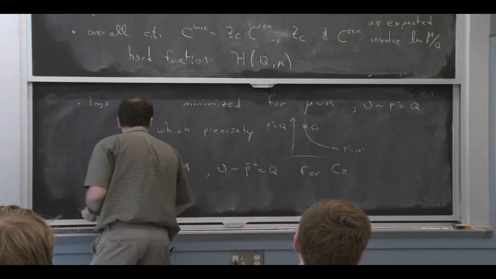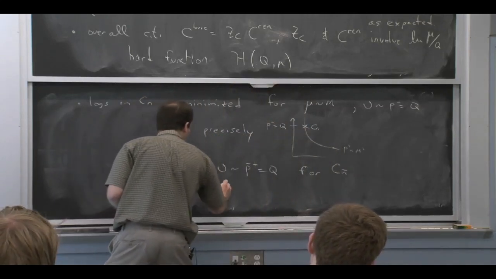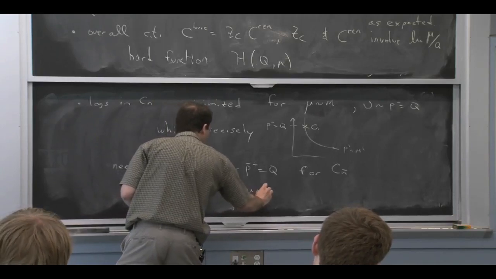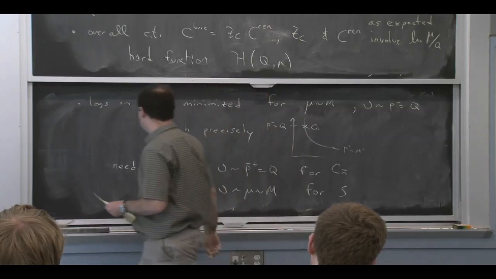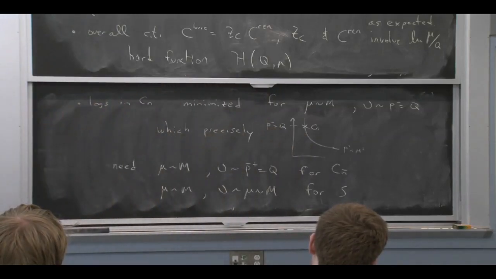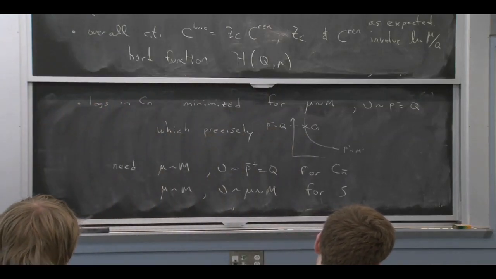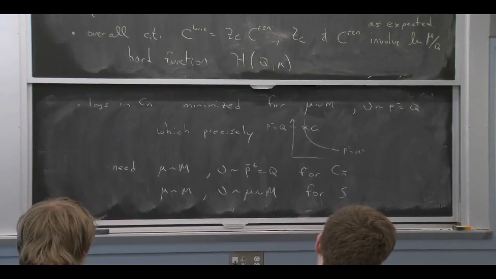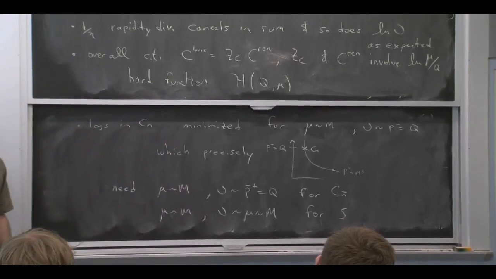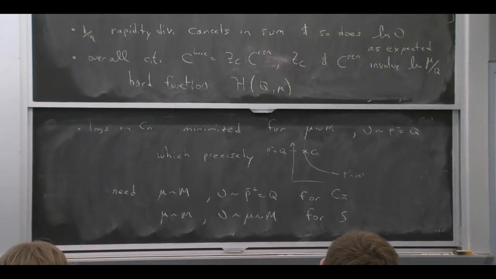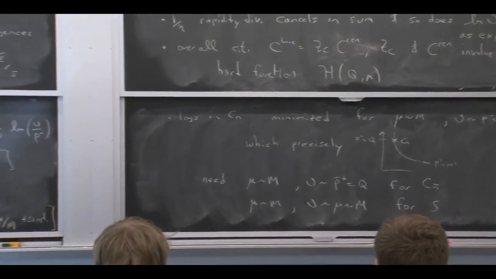And then for the soft, we need a different value for this new parameter. So having this regulator is behaving like dim reg, where we needed different mu's when we had different hyperbolas. Now we have different places on the hyperbola, and we're tracking that with the new parameter, and that's showing up in the logarithms.